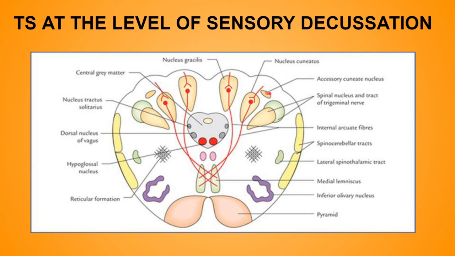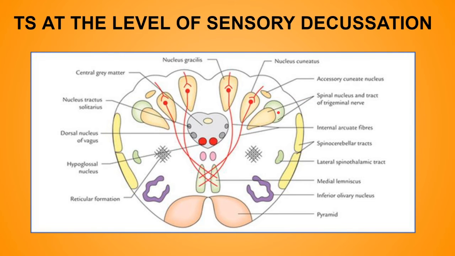Now this is the accessory cuneate nucleus. Immediately dorsolateral to the cuneate nucleus, we have the accessory cuneate nucleus, which receives the most lateral fibers of the fasciculus cuneatus and gives rise to posterior external arcuate fibers, conveying the proprioceptive impulse to the cerebellum of the same side, via the inferior cerebellar peduncle. Now these are the spinal nucleus and the tract of the trigeminal nerve.